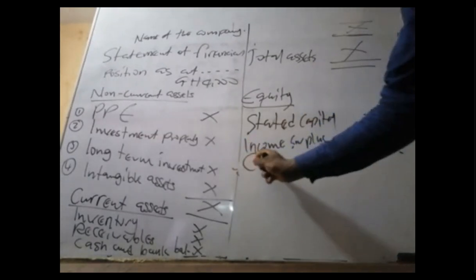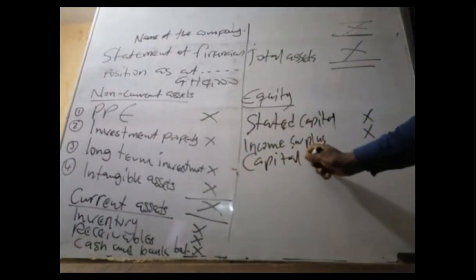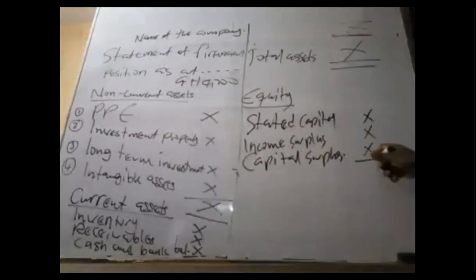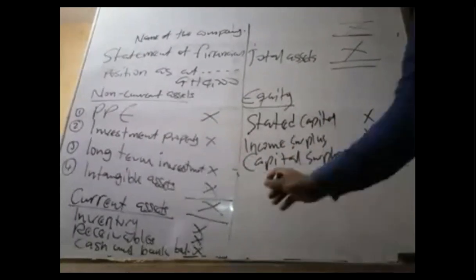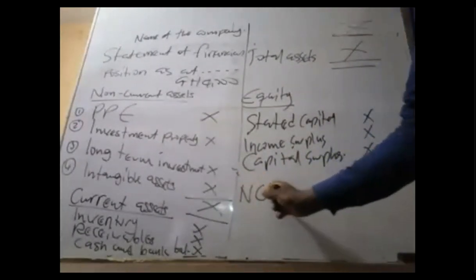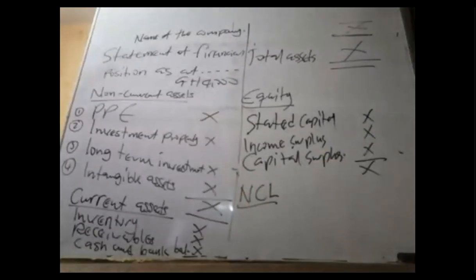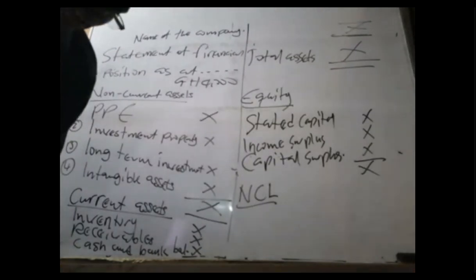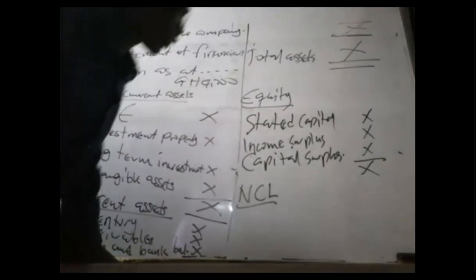The capital surplus, I'll not write plenty here. Capital surplus. This is total equity. Then you come to non-current liabilities. What are the non-current liabilities? So when we did the liabilities, element of the financial statement under the conceptual framework, we mentioned non-current liabilities.